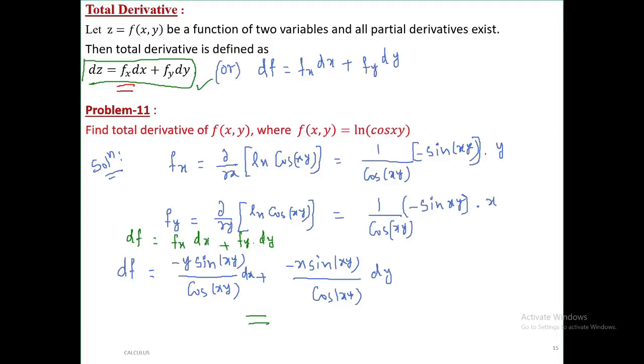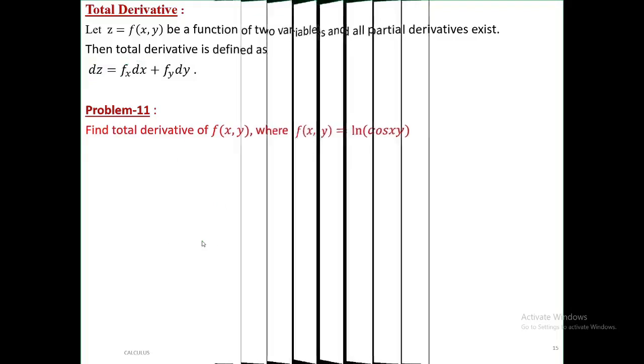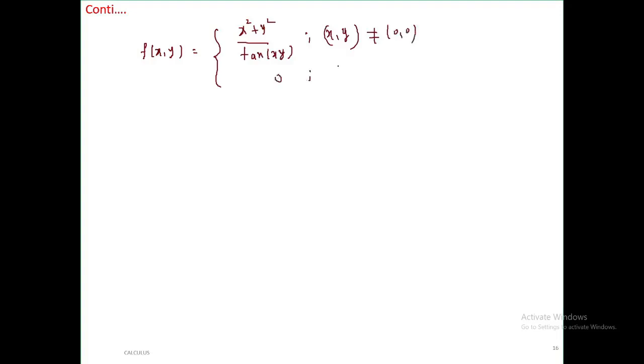Okay. And I want to recall one problem. I gave one exercise in the last class, that is f of x comma y equals x square plus y square divided by tan xy, whenever x comma y is not equal to origin, and this function value is 0 whenever x comma y is equal to origin, and verify the continuity.